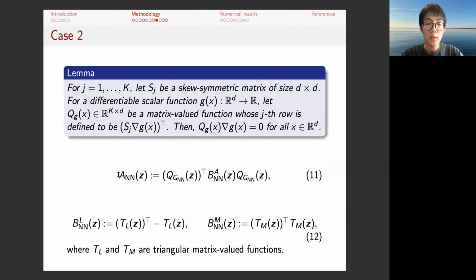If we want A to be positive semi-definite, then we can parameterize it to be the product between TM transpose and TM, where TM is also a triangular matrix valued function.